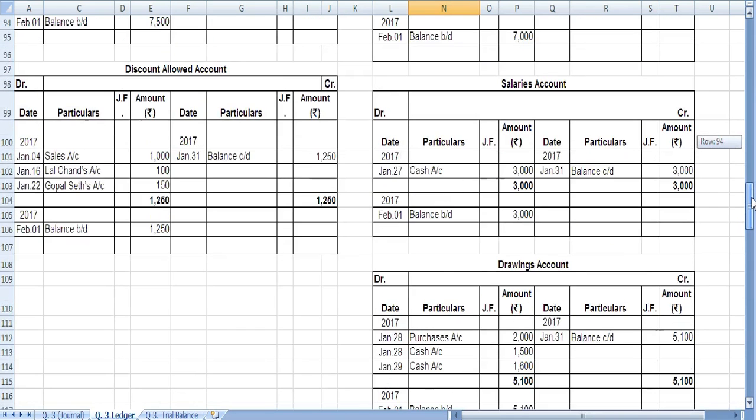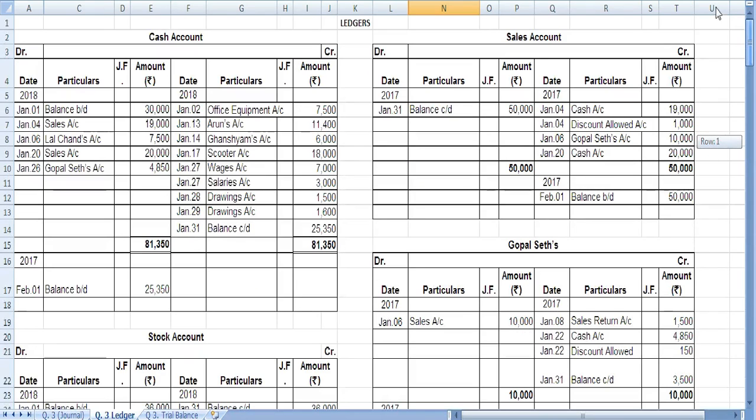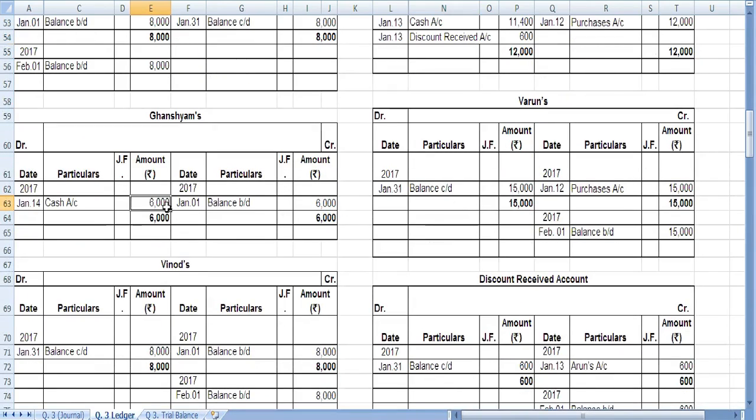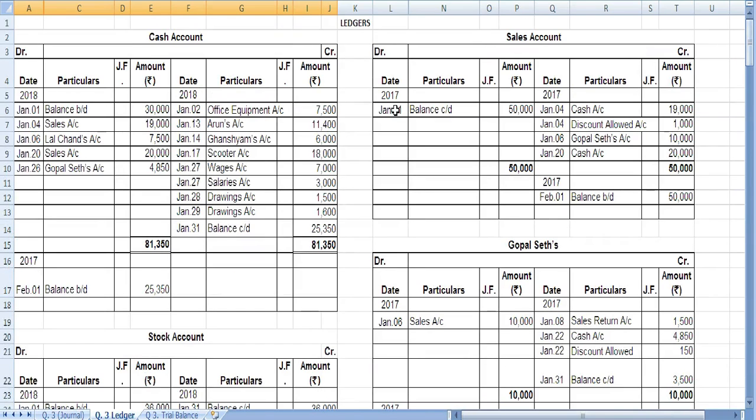So here we have Ghanshyam to cash 6,000, and then we'll go to the cash account, and this will become by. So cash here will become by Ghanshyam. This is how we have to post each entry into the ledger.